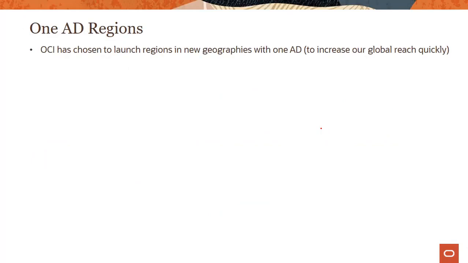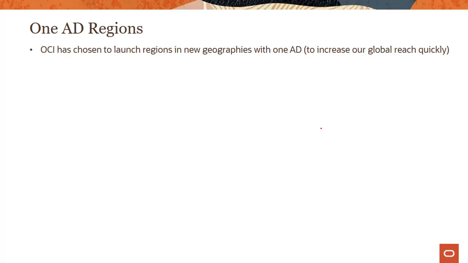Now we also have this concept of a one AD region, one availability domain region. OCI has chosen to launch regions in new geographies with only one AD to increase our global reach quickly and optimize for reaching as many customers worldwide as possible.